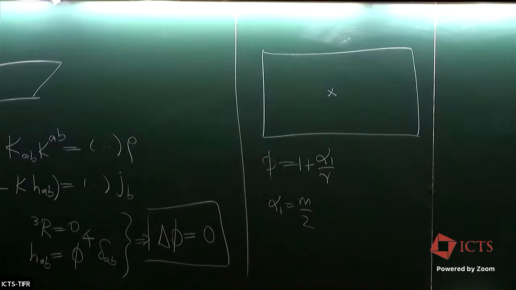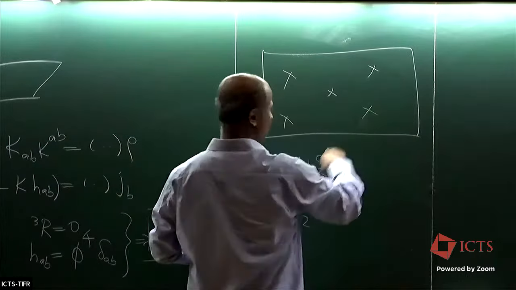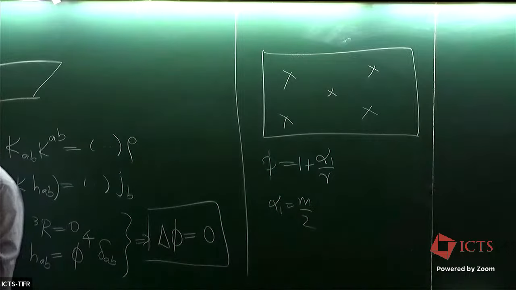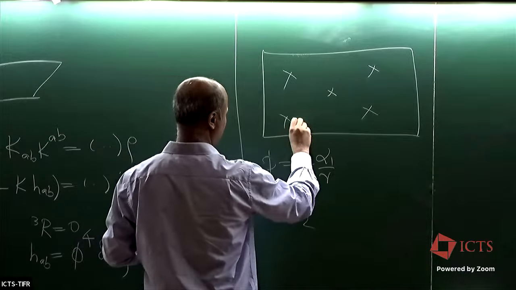But we can go further now, because this is a linear equation. That is the other beautiful thing about it. So I can take multiple point sources. I could in fact take n sources, at positions, let's call them R_i.